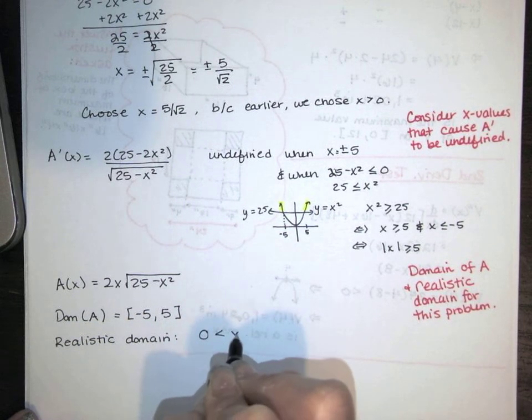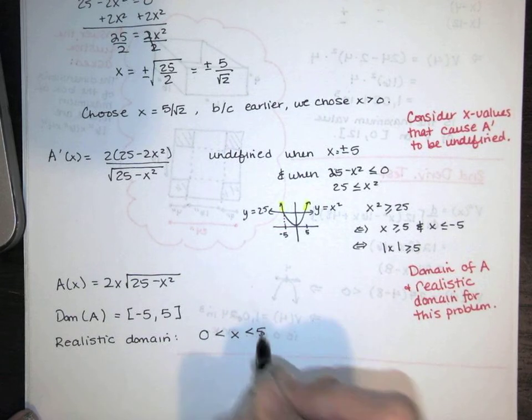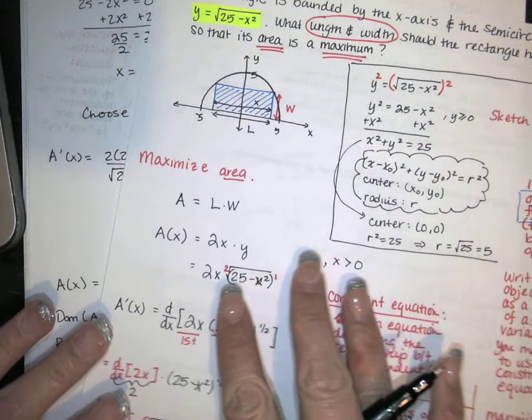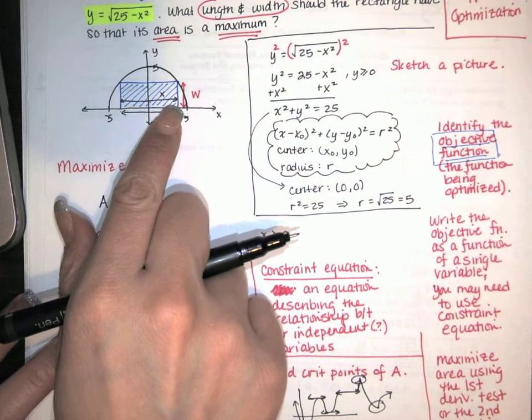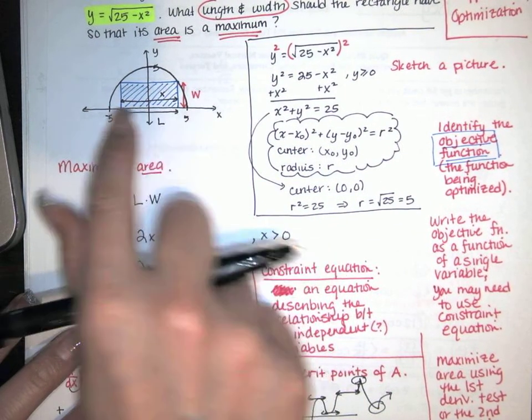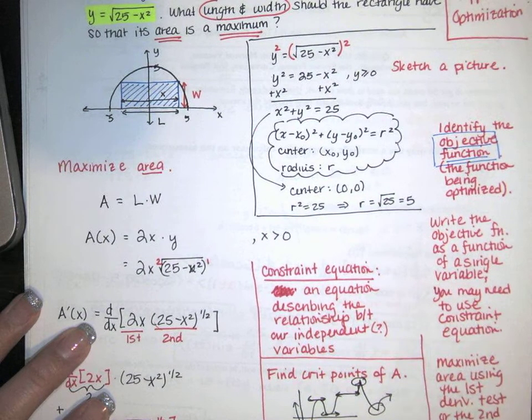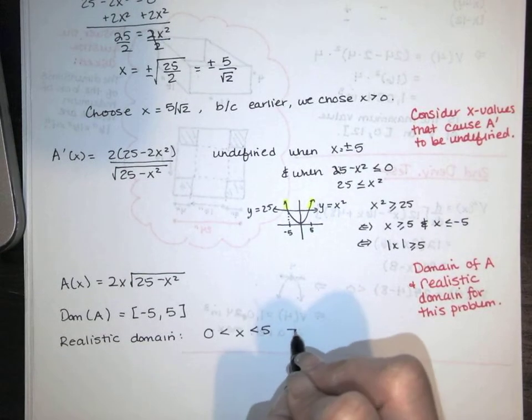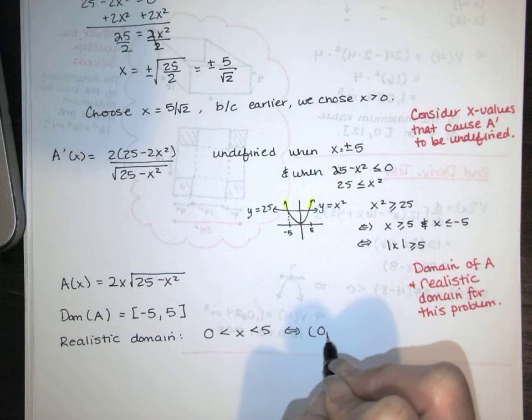X has to be greater than 0 and it should be less than 5. And I think that makes sense because x has to be positive, and then it has to be strictly less than 5 because if x were equal to 5, there would not be a rectangle at all. So this is our realistic domain, or if you prefer, you can use interval notation, 0 to 5.